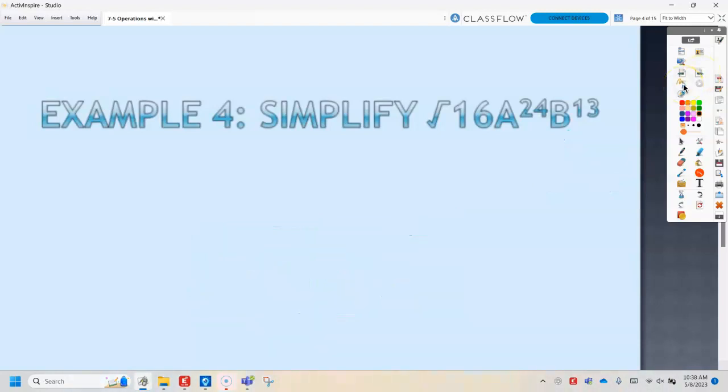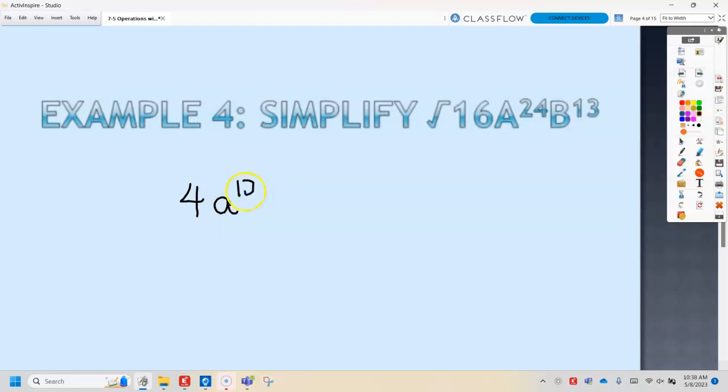So square root of 16 a to the 24 b to the 13. So again, 16 is a perfect square. It becomes 4. A to the 24, well, 24 is even. That makes that also a perfect square.